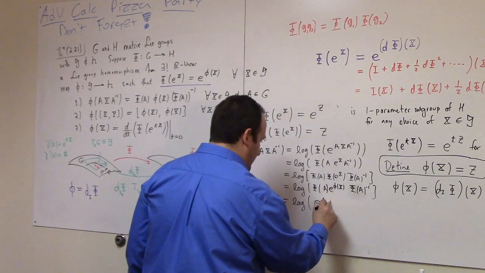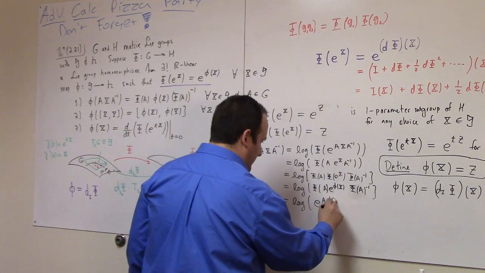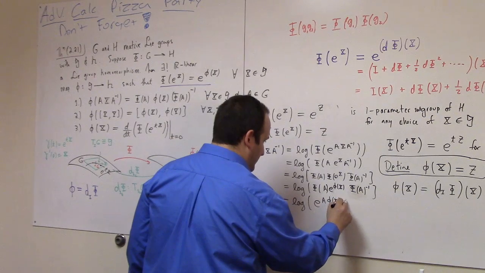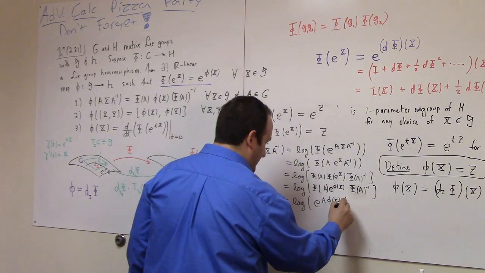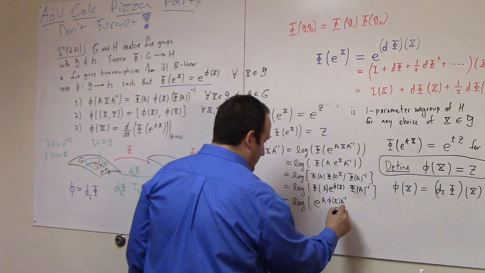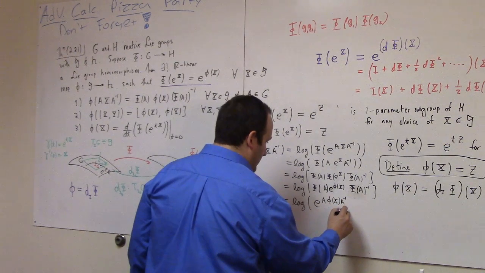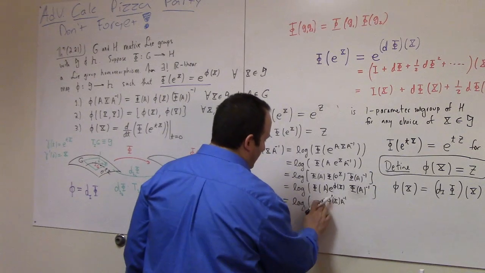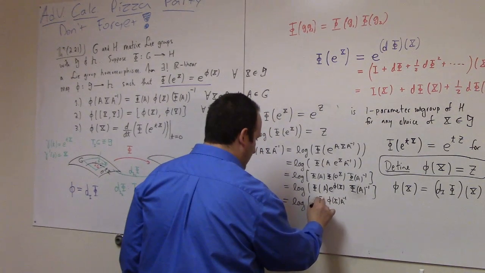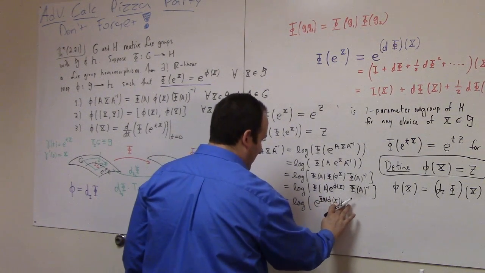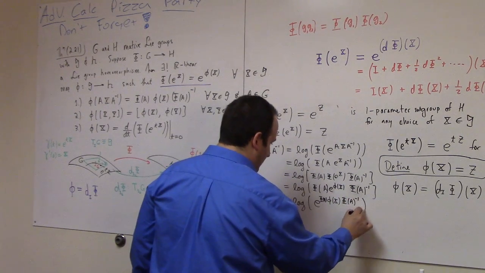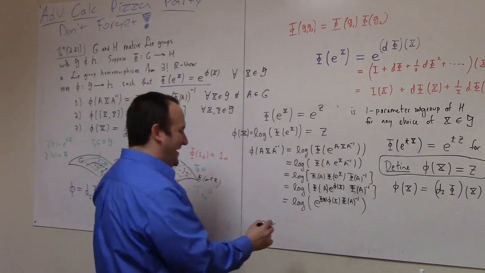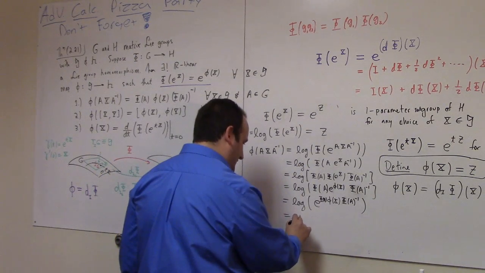It's always using this exponential unfolding identity. And then the log cancels with the exponential. Of course.